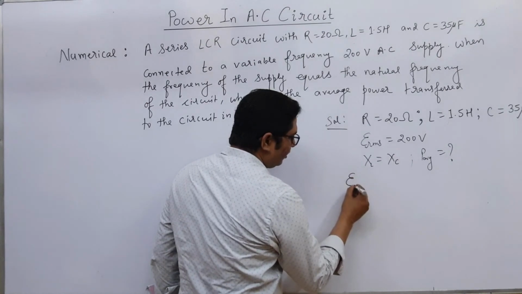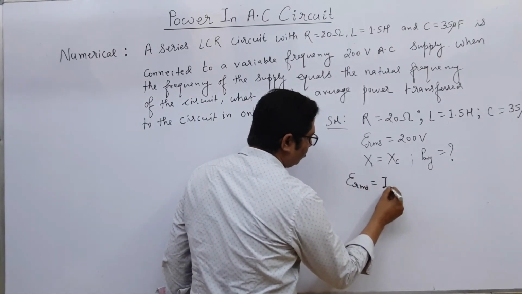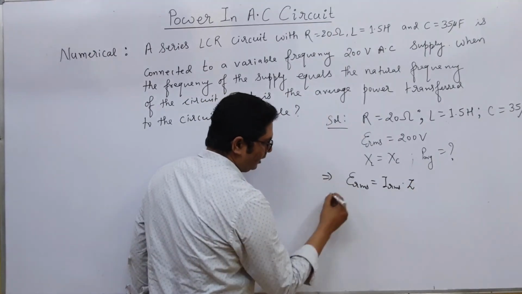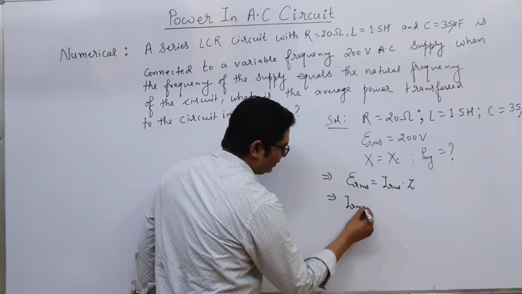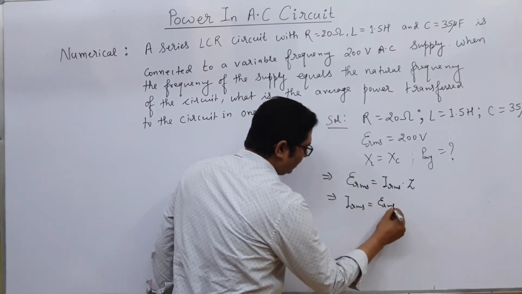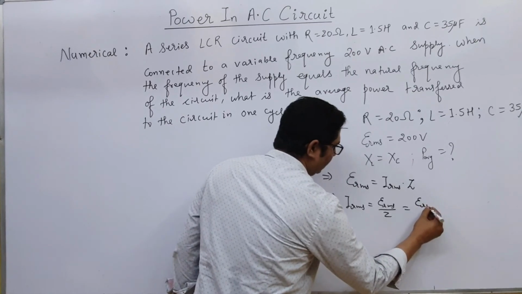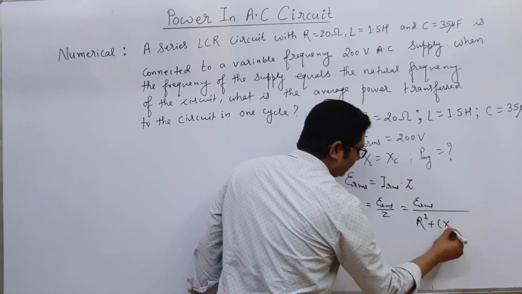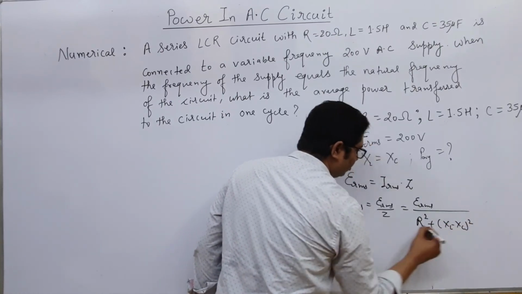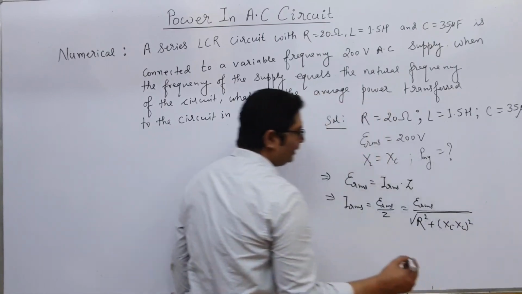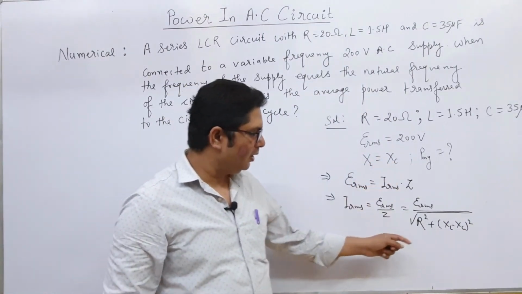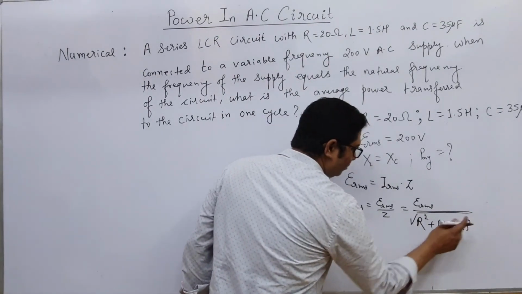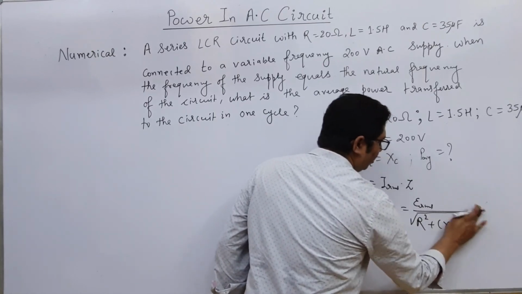We have ERMS equals IRMS into Z, where Z is impedance. So IRMS is equal to ERMS upon Z, and the value of Z is the square root of R square plus XL minus XC whole square. As it is given that XL equals XC, this term becomes 0.